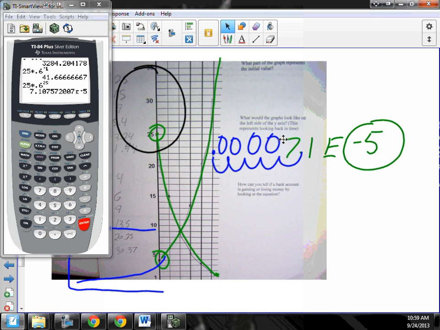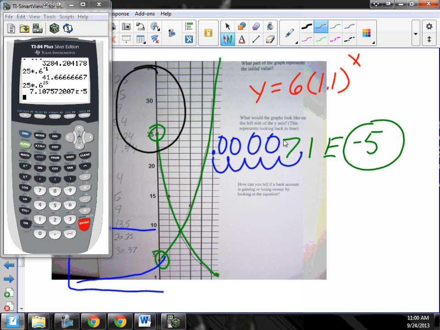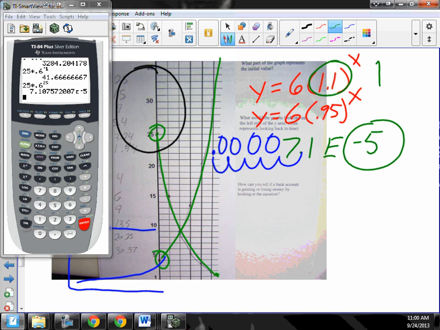Let me write two equations. Y equals 6 times 1.1 to the x, and y equals 6 times 0.95 to the x. Right, so this one is going up.